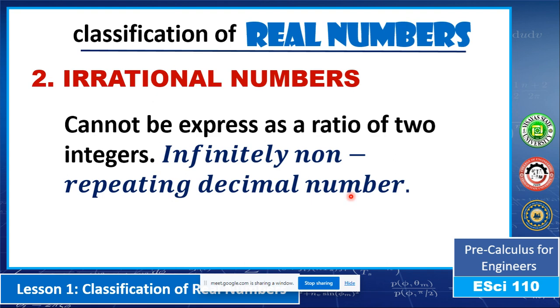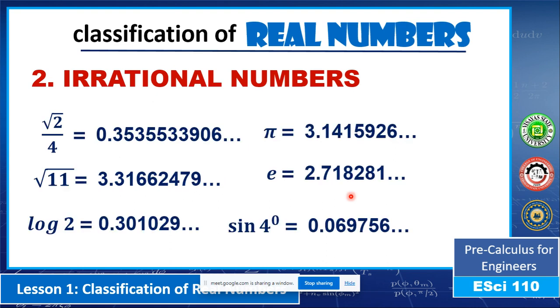For example, you have the common irrational number pi. It does not repeat, there is really no pattern in 3.14159 and so on, so it has no end. So that is an irrational number. Another common example of irrational numbers is the square root of 2 over 4.